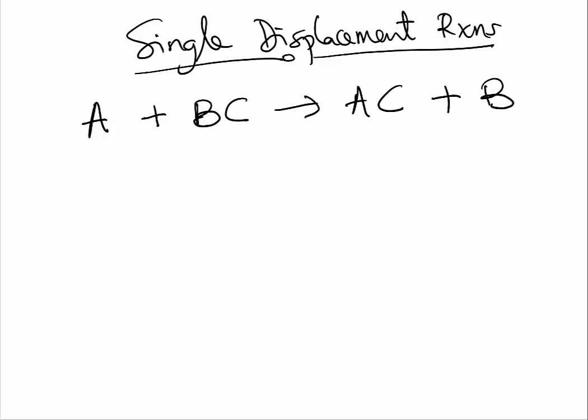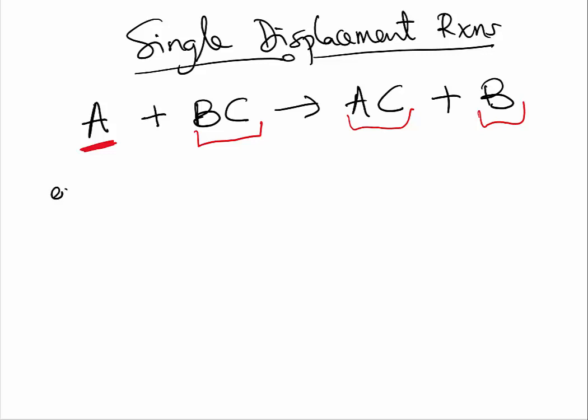Or you can use this analogy. A is dancing alone, but B and C are dancing together, and A decides to dance with C, kicking B out. That is a single displacement reaction because A is displacing B.